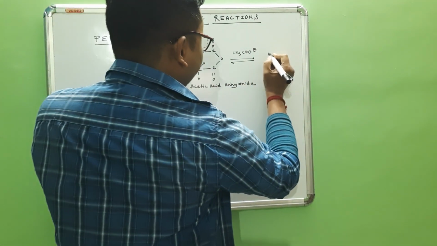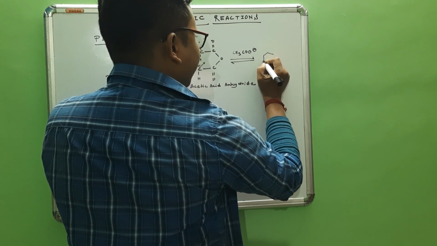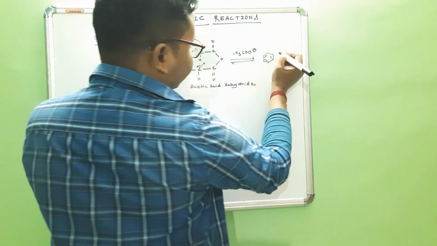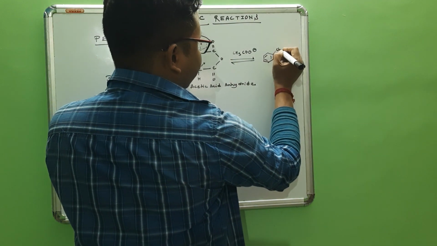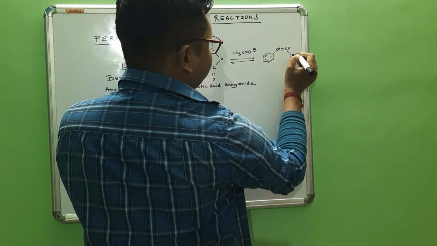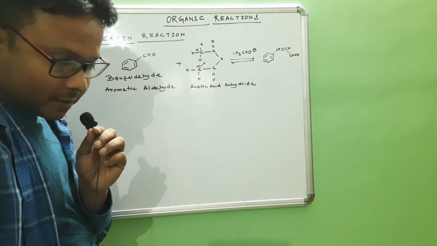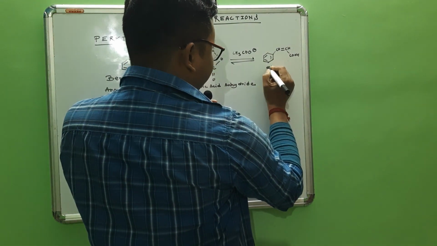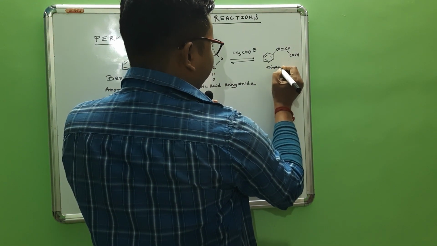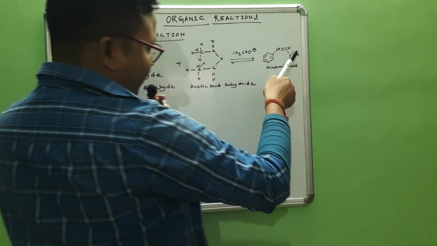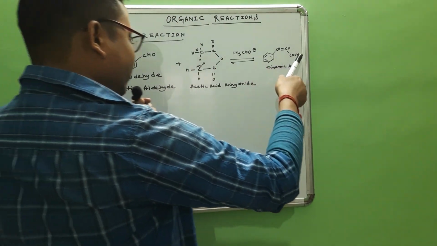So what will be the product? The product will be CH=CH-COOH. It is called cinnamic acid, and the acetic acid functional group is the major functional group.